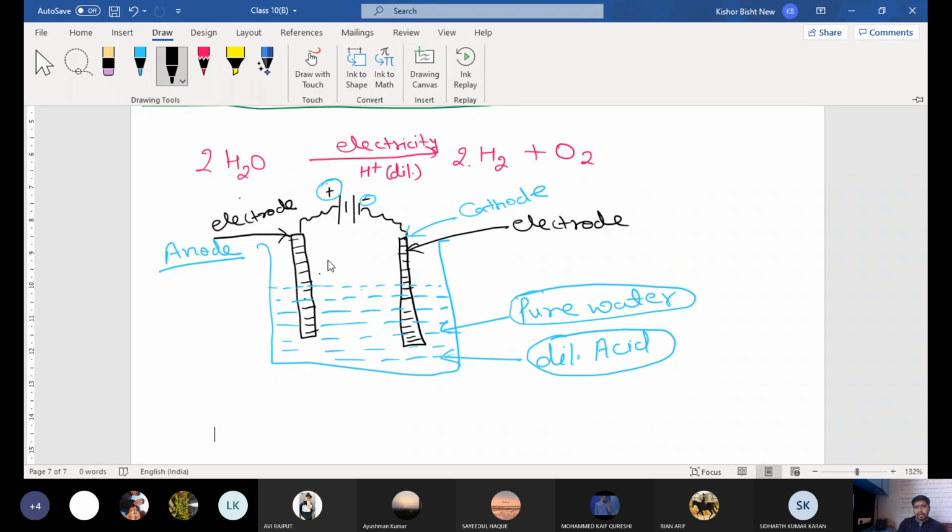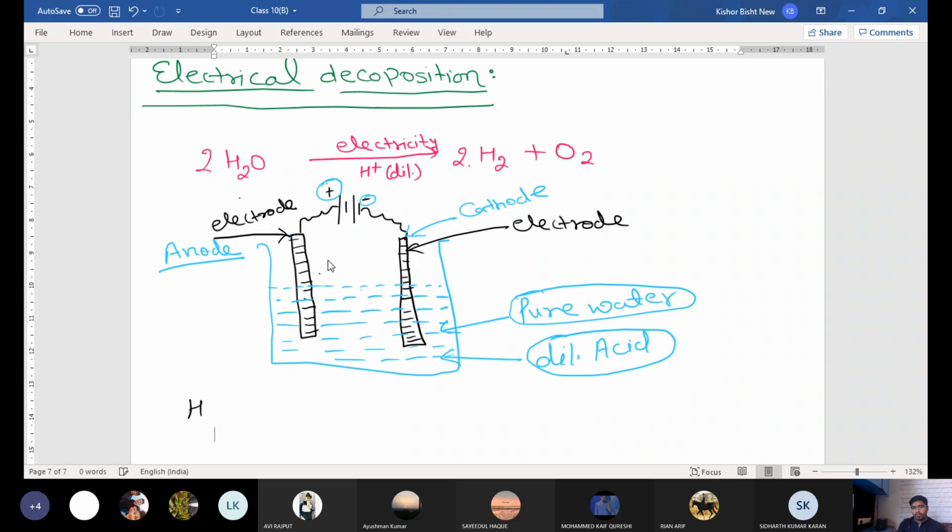Now you people know that the water molecule, whenever we add the dilute acid, dissociates into 2 ions. One is H positive and another one is OH negative. Clear? In this solution, 2 types of ions come.